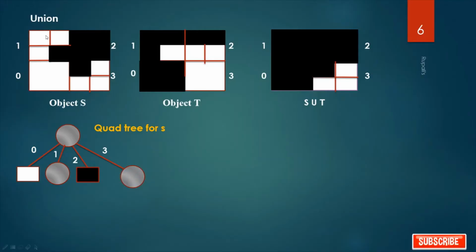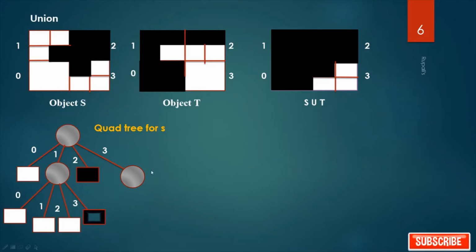Now, by the rule of divide and conquer, you have to divide this quadrant again into 4 parts 0, 1, 2, 3. For 1 it is 0, 1, 2, 3: 0 empty, 1 empty, 2 empty and 3 full. For 3 it is 0 empty, 1 full, 2 empty, 3 empty.